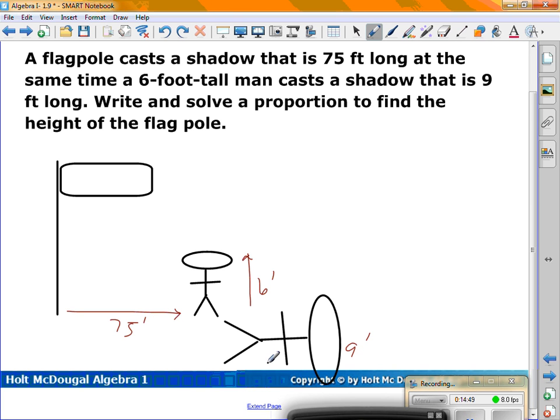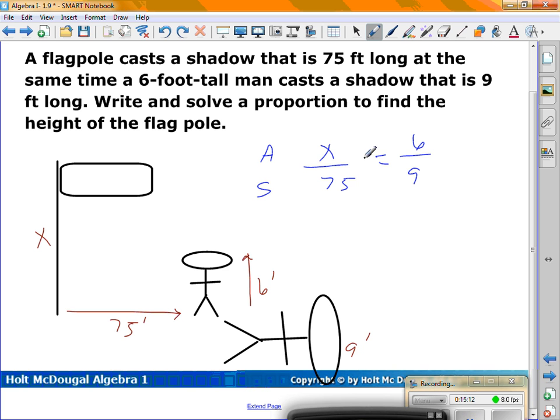So give me a setup if I want to find out how tall it needs to be. Okay, x over 75. So x is the actual height, and the bottom one is the shadow. So this is the flagpole. What about the person then? 6 over 9.